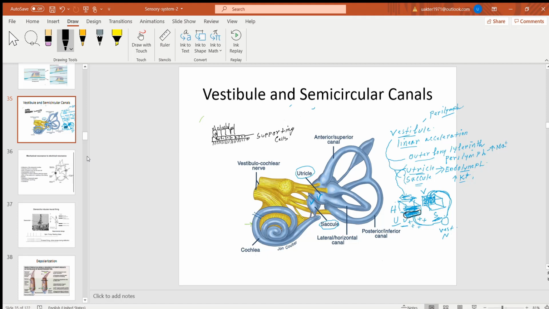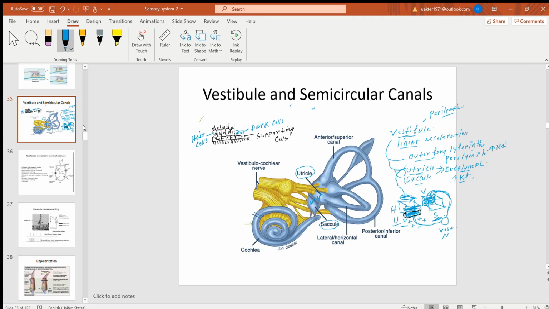And these are the hair cells, vestibular hair cells. And also there is another type of cells, those are also important. These cells are called the vestibular dark cells. So these are hair cells, vestibular hair cells or receptor cells, and these are the vestibular dark cells.